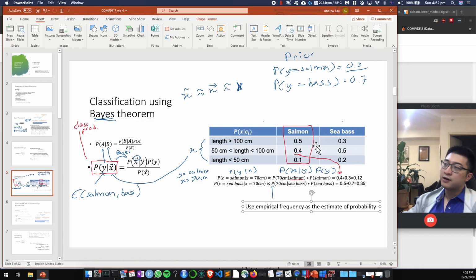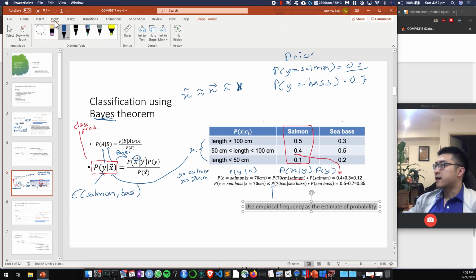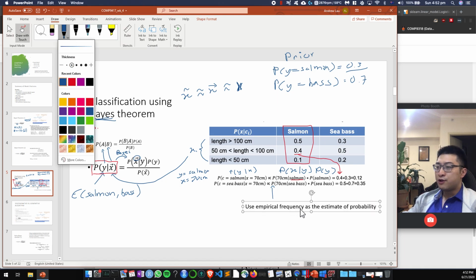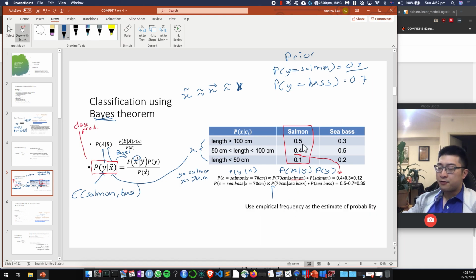Likely it's some sample, but it's an estimate. That's a small nuance, but it's something to keep in mind. Unless somehow you've tested the whole population of salmon and sea bass, these are estimates. Okay, so you plug it in. So I hope you understand now where the 0.4 and 0.3 came from.